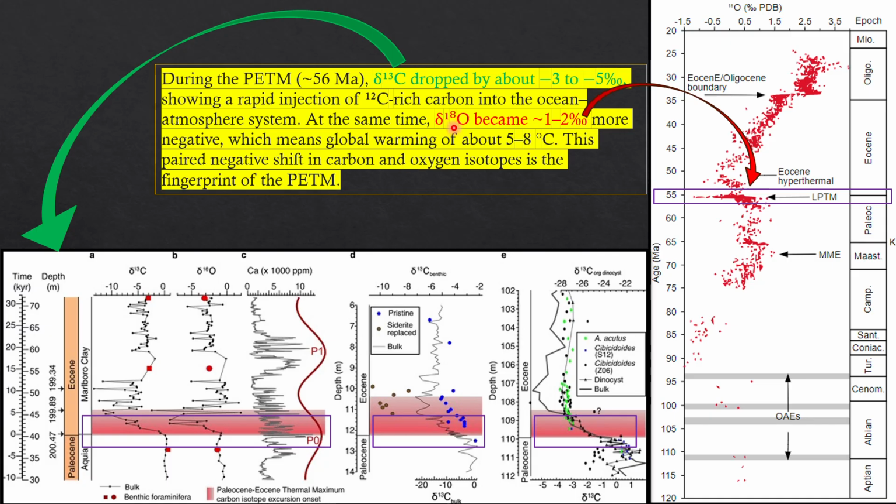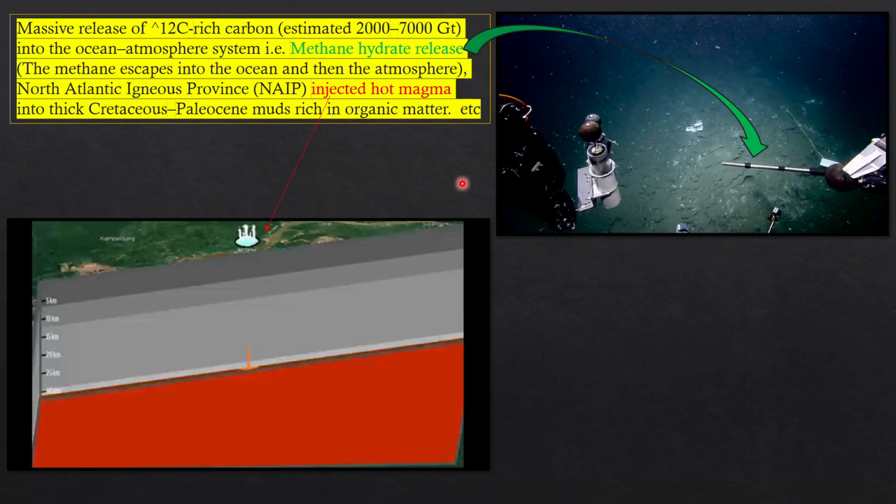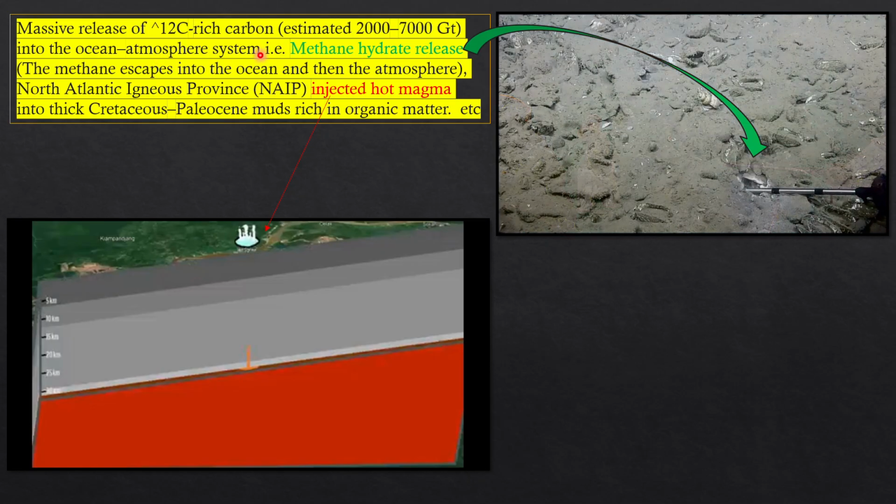Another is the O18 isotope, which also shows a sharp decrease, so O16 increases, and O16 means global warming of the ocean and land surface. So here you can see the carbon isotope release.